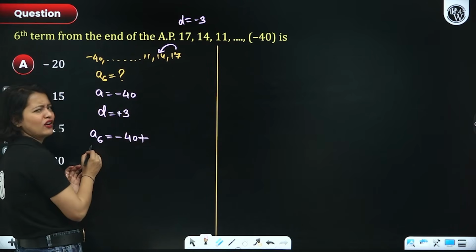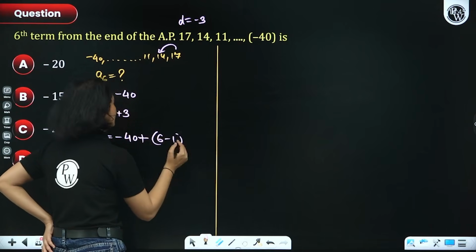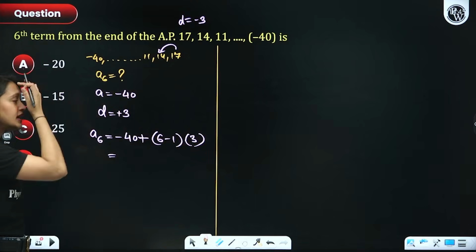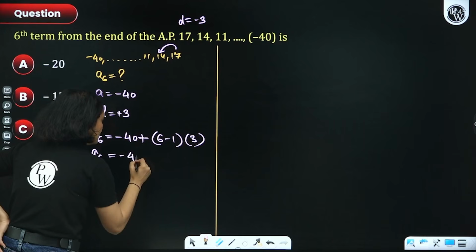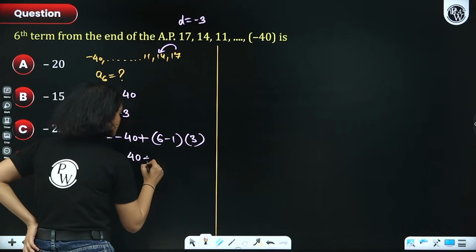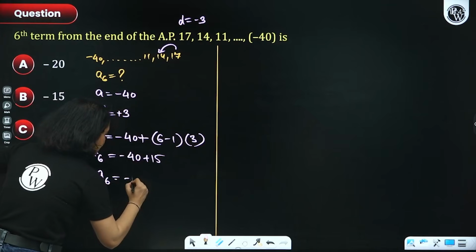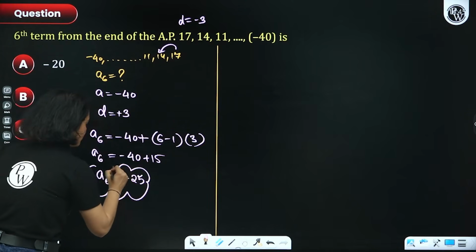A6, this is the value of n, na? 6. Yes. So 6 minus 1, D. My fault, guys. D is 3. I thought we had to figure out the total terms, right? So now A6 is equal to what? Negative 40 plus 15. So A6 would be equal to negative 25. This is the answer. Negative 25.